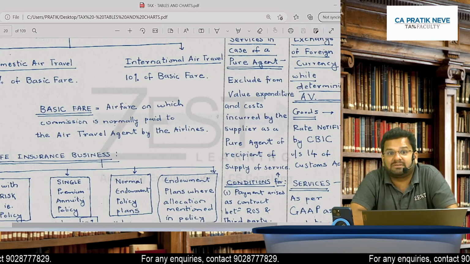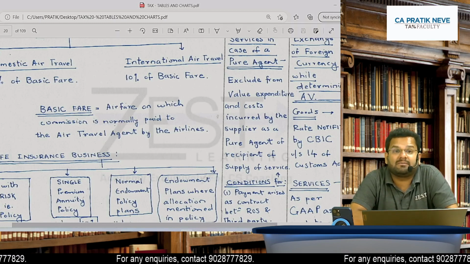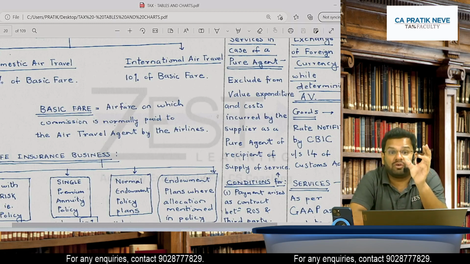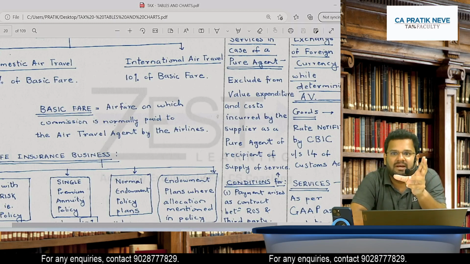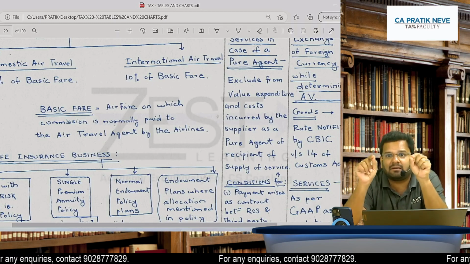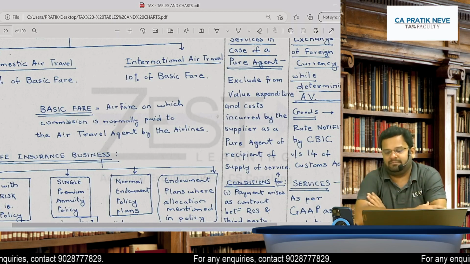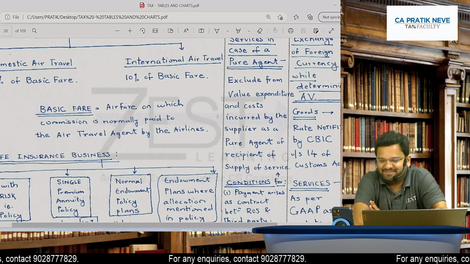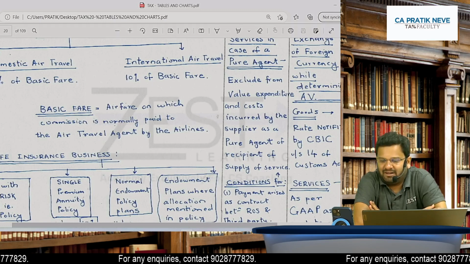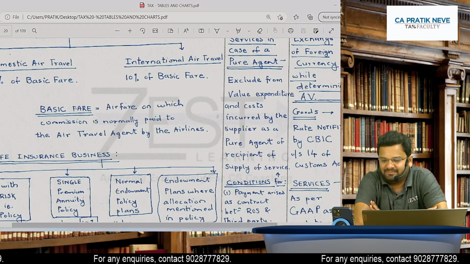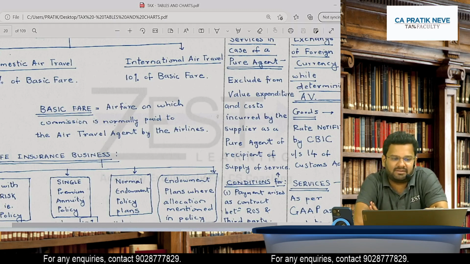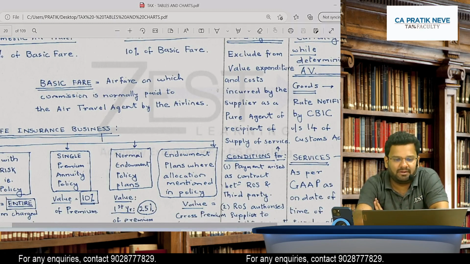So 20% is your assessable value, because that is recovered for service of life insurance. And what is recovered for service of life insurance, only on that GST is collected. Agreed? Priya, understood? Wonderful. Chalo, let's go ahead, friends. Let's go ahead.